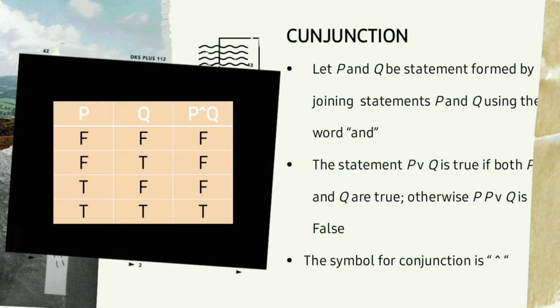When two statements P and Q are joined, the conjunction is expressed symbolically as P ∧ Q. Let P ∧ Q be the statement formed by joining statements P and Q using the word and. The statement P ∧ Q is true if both P and Q are true, otherwise P ∧ Q is false. So the symbol for conjunction is like this.